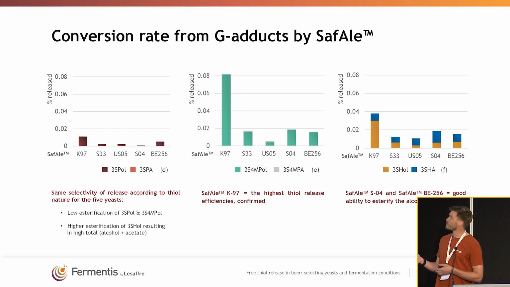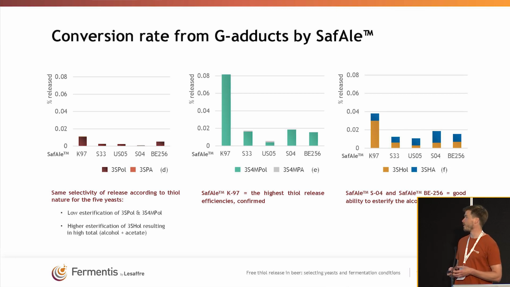And then not much esterification here. You see that the acetate form is in very low amount. And here, a bit more esterification, USO5, very high esterification, SO4 as well, to release the acetate form of those thiols. So again, K97 selected, confirmed as the highest release of thiols here.